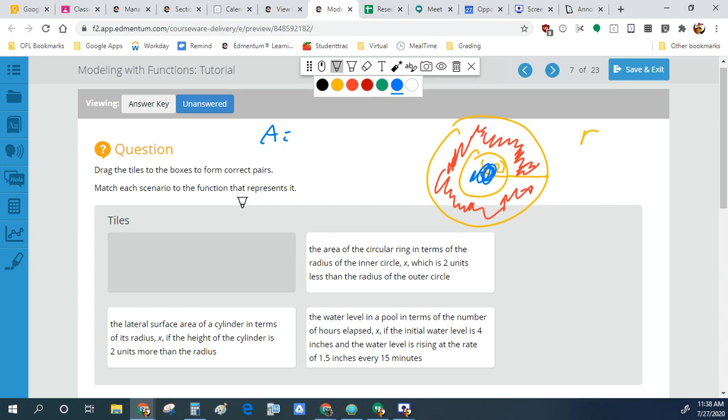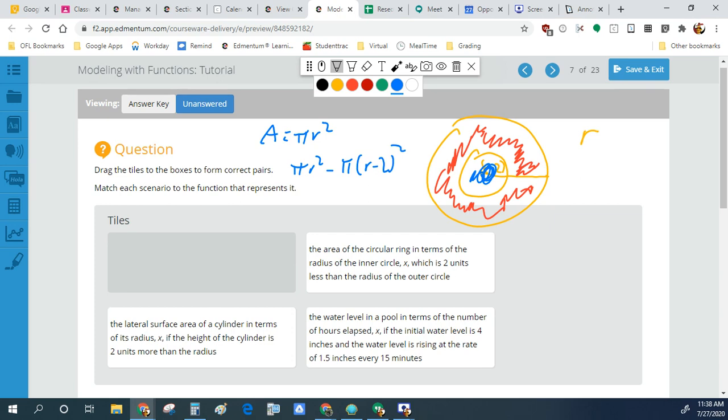I can give you guys formulas for areas, but the area of a circle is pi r squared. So that's the big area, right? And then we're going to take this area minus the area of the other one. So that's going to be pi, and our radius in this case is r take away 2 squared.